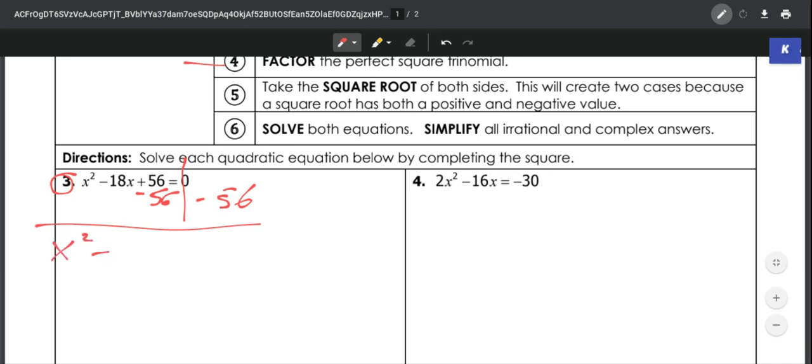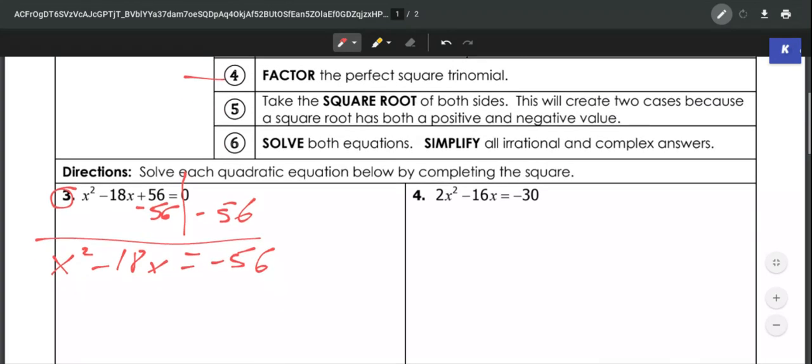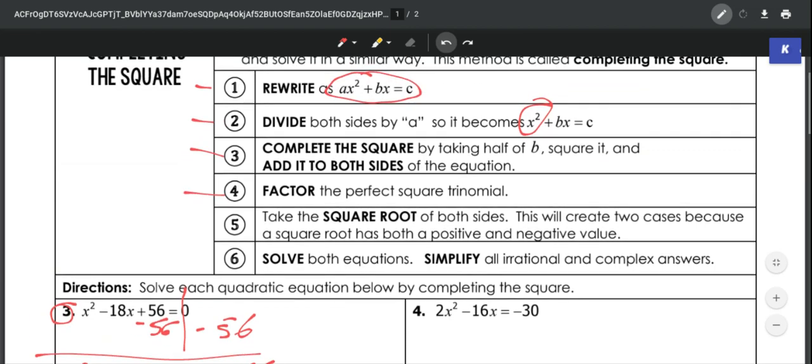We'll be left with x squared minus 18x is equal to negative 56. Now we go to step 2, which is divide both sides by a. But if you notice, a in this equation is just 1. The coefficient of x squared is just 1. So we don't really have to do that step because dividing by 1 just gives us the same thing back.